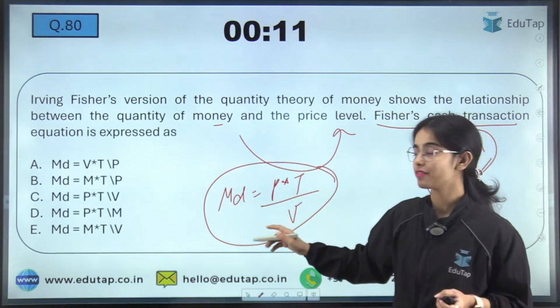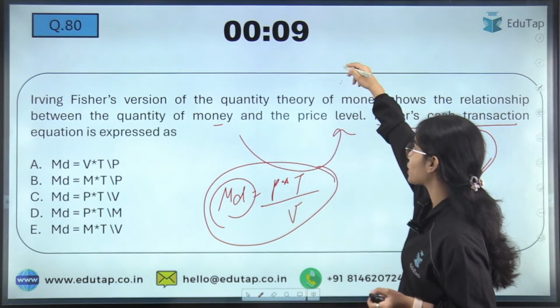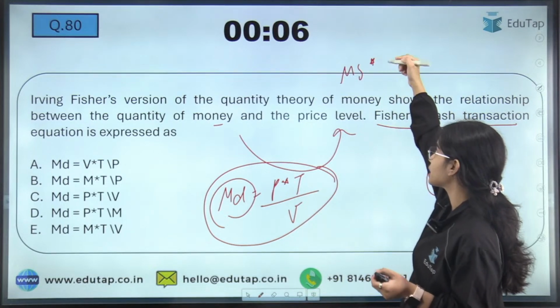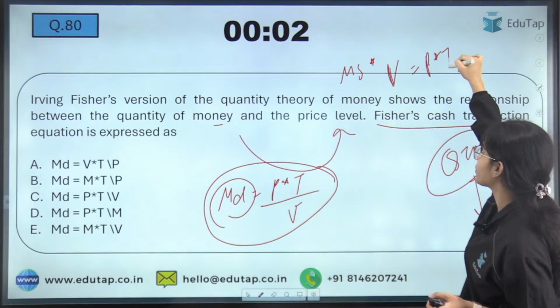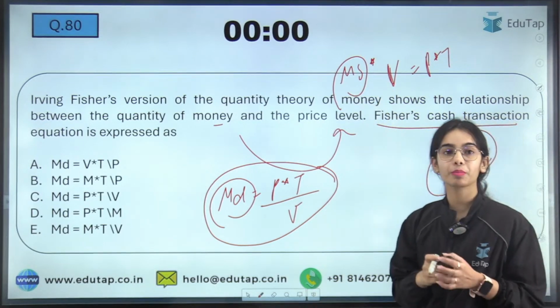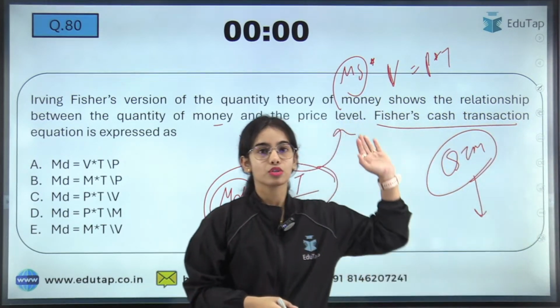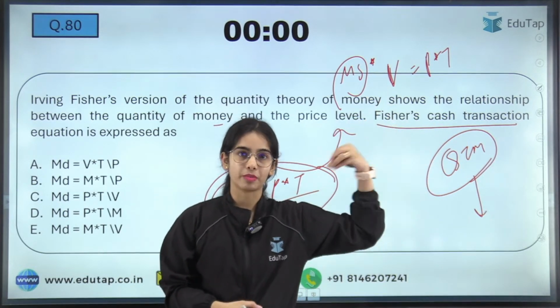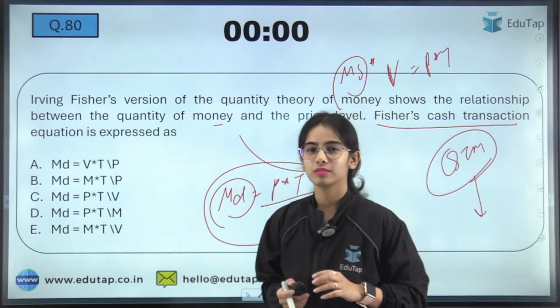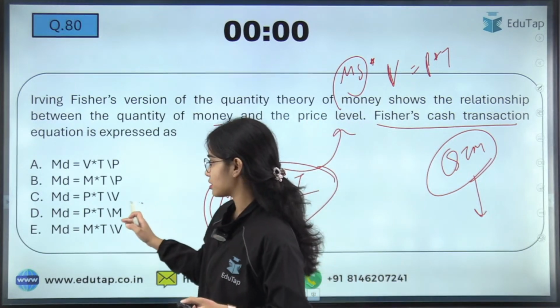At the equilibrium level, demand for money is equal to supply of money. So actually the equation is money supply multiplied by velocity equal to price level multiplied by transactions. At equilibrium, the money supply is equal to the demand for money. So you just have to take the V there, and price level multiplied by transactions divided by V is the equation. So C is the answer.